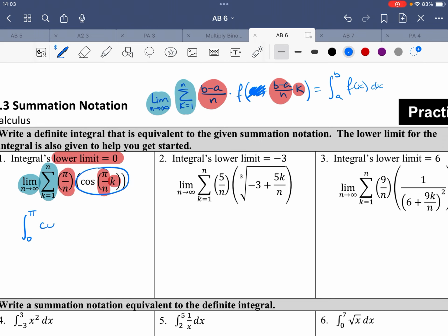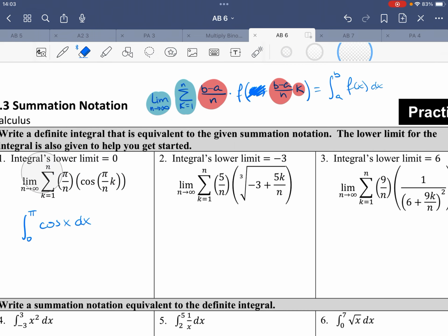So that means that the f has to be the cosine. And then we are done with that mapping. By mapping, I mean being able to see what's similar and what's different between these two expressions and figure out what's missing. Let me see if I can clean that up.